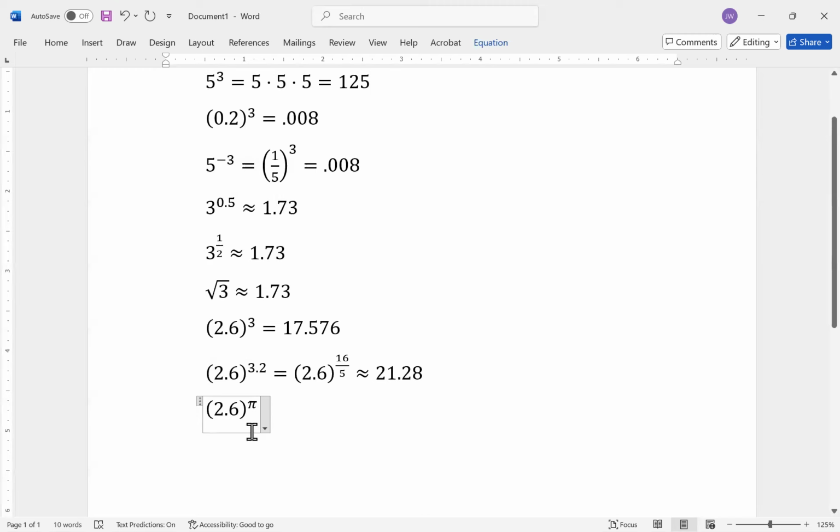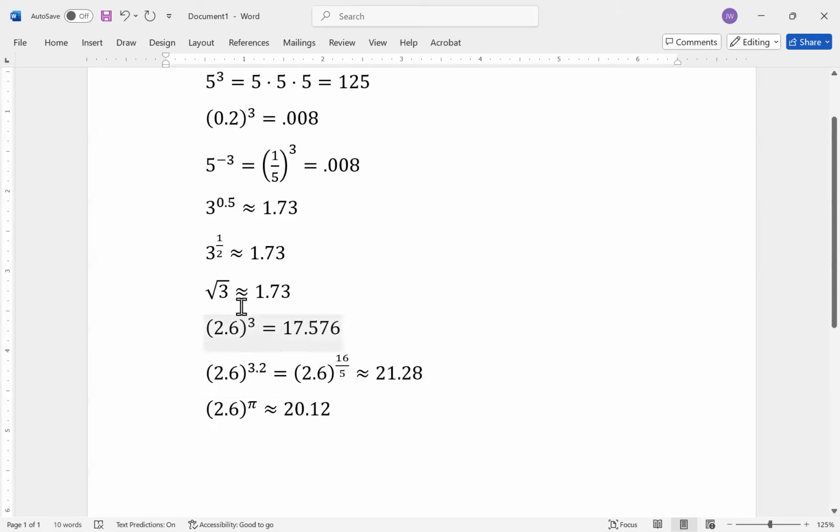And then even with something like an irrational exponent, we can plug this in. We can plug in an irrational exponent as the exponent in our calculator. And that's perfectly fine as well. We get approximately 20.12 in that case.